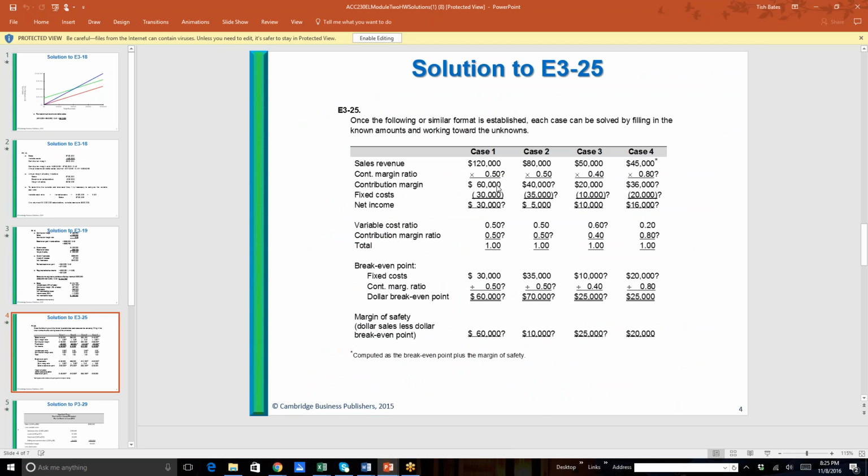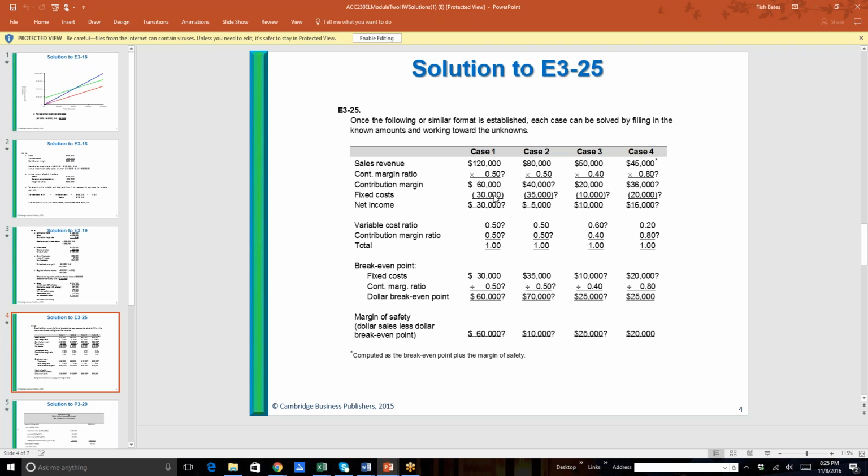We knew that the contribution margin was 60,000, so that meant that the contribution margin ratio had to be 50%. Because when you divide these two out, what do you get? 50%, right? The net income we knew was 30,000, so that meant that the fixed cost, by nature of all of this, had to be 30,000.